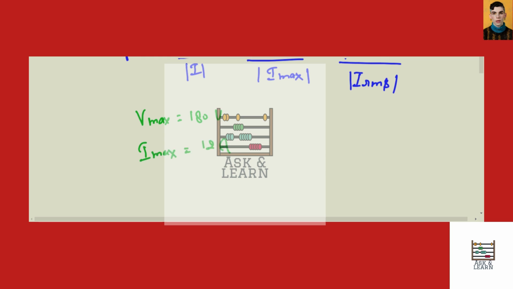So the magnitude of Z will be V maximum, that is 180, by I maximum, that is 12. If we solve it, we get the magnitude of Z equal to 15 ohm, right?